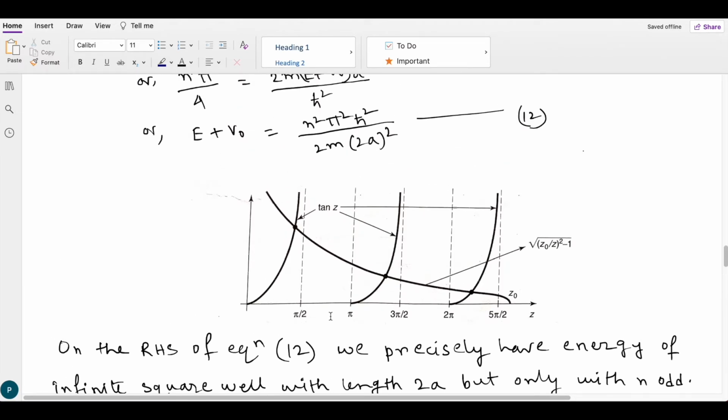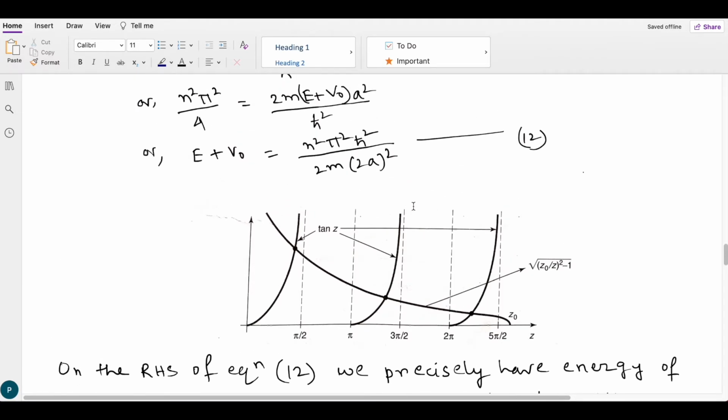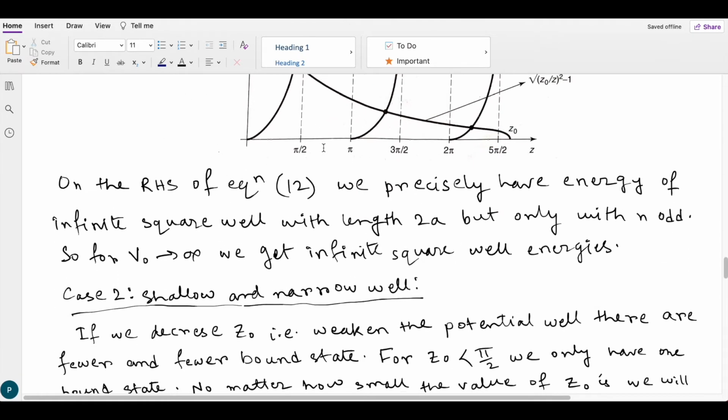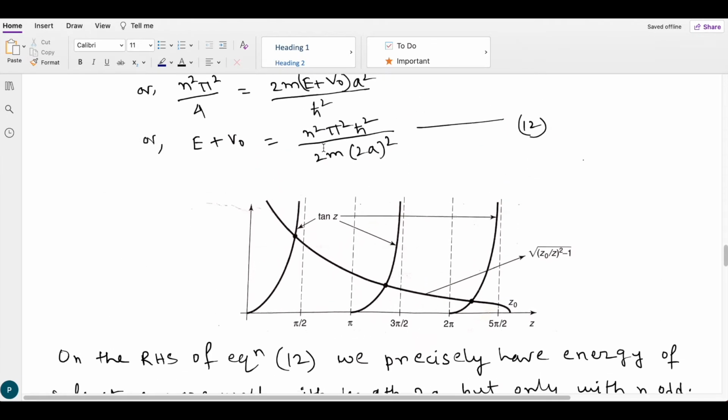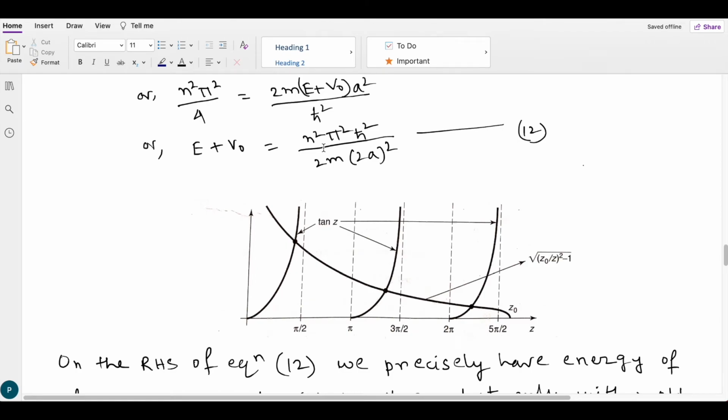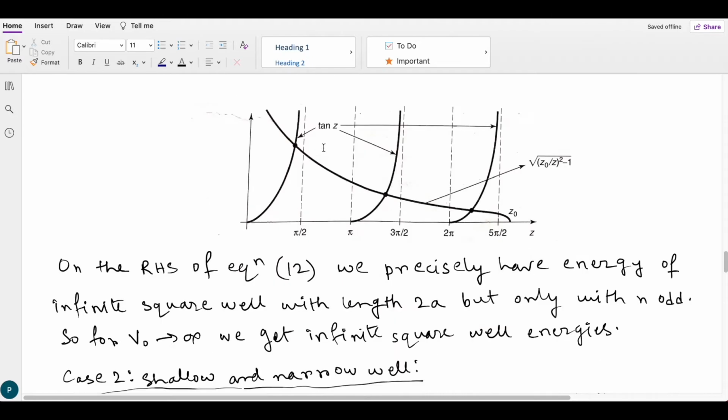But only one condition is there, that n is odd here. In case of infinite square well, we have n equals 1, 2, 3 up to infinity, but here we only have the odd values of n, and we will have the even values when we solve the wave function for odd, that is for sine. We will do it in the next lecture.